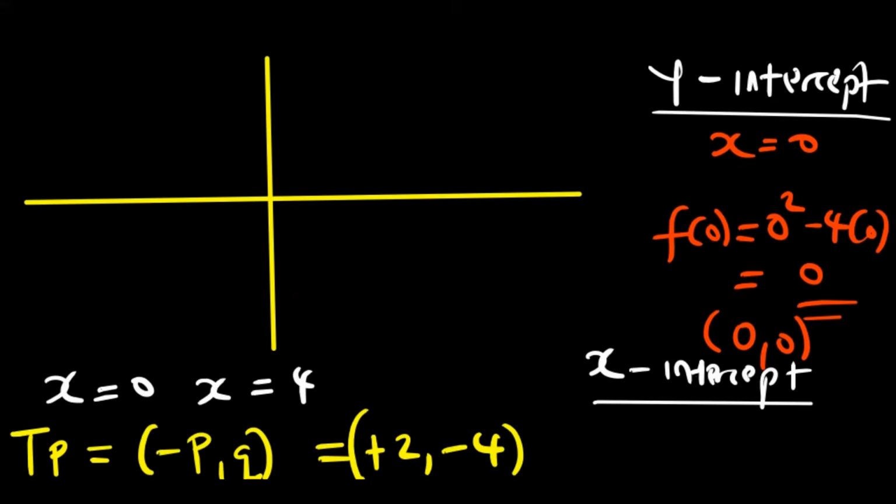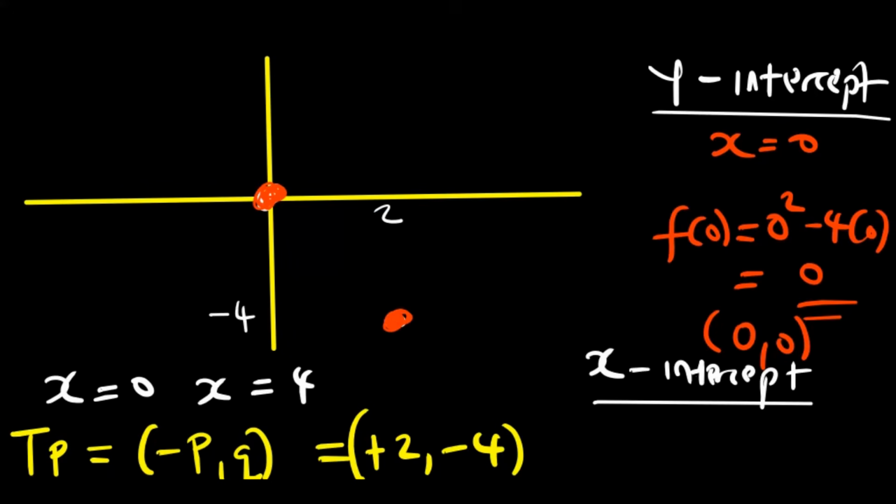So if I put 2 here, and negative 4 somewhere here, our turning point will be somewhere here. Then where are we cutting the y-axis? It's 0 comma 0. Let me use the red color. So 0 comma 0 is there, 2 comma negative 4 is there.